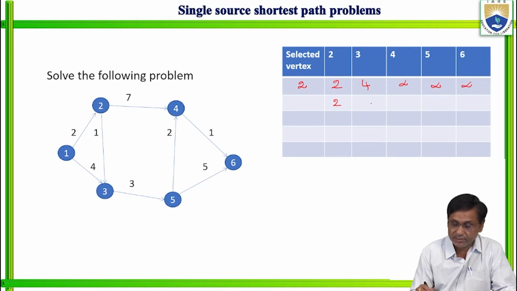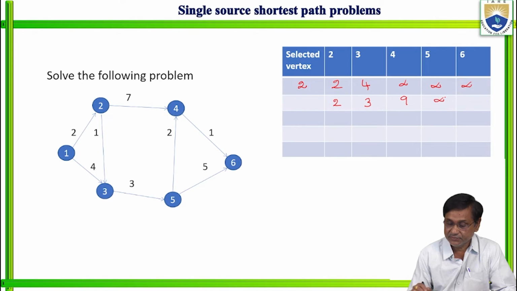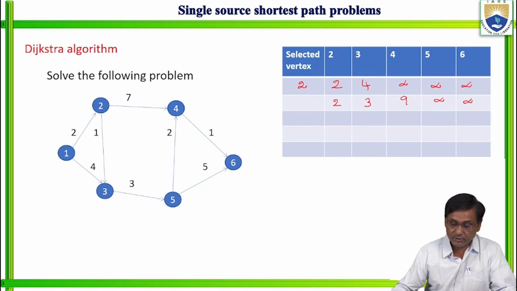That means we can change this one to 3 because this is the minimum distance. Next, coming to the 4, 2 to 4 is connected, 2 to 4 means 9. And 5 is not connected, so this is infinity and this is infinity. Now in this the minimum is 3, so we can select the vertex 3.